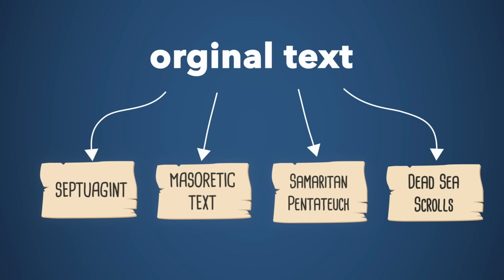Text critical scholars tend more to think of the text as something that was always contested by various communities who were collecting them, and that these collections were in conversation with one another.